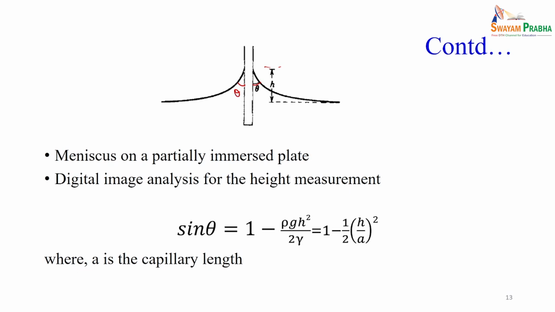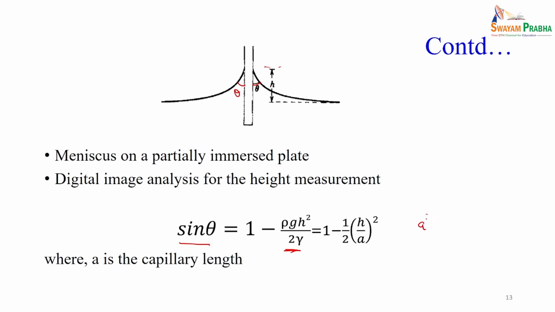So, we can digitally analyze this height, and if we know the height, we can simply calculate sin theta as 1 minus rho g h square upon twice the liquid vapor interfacial tension, or we can write this term in terms of capillary length: 1 minus 1 by 2 (h upon a) whole square.